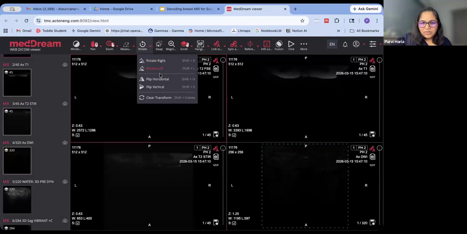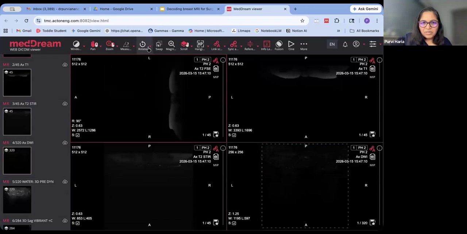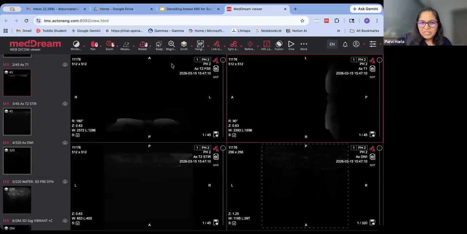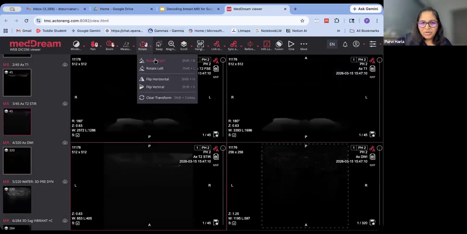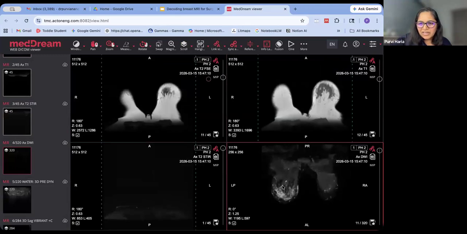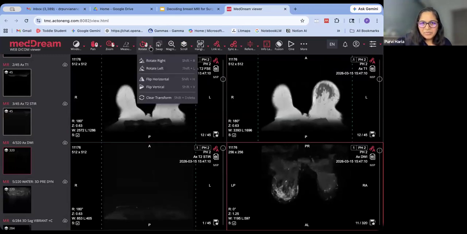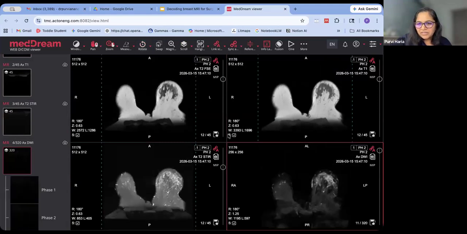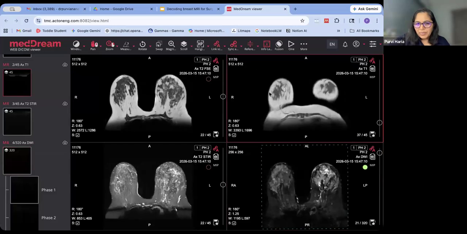I'm sorry, I have to rotate this because otherwise my right-left orientation goes. This rotation is not always necessary if your radiologist is always giving you the upside-down view and you're used to seeing the scan that way. It's absolutely normal and okay, you can see it however is comfortable to you.